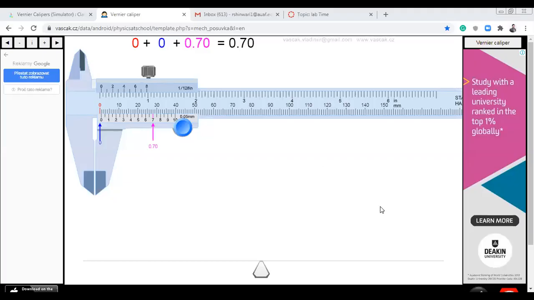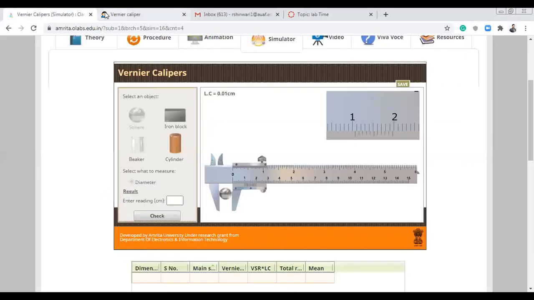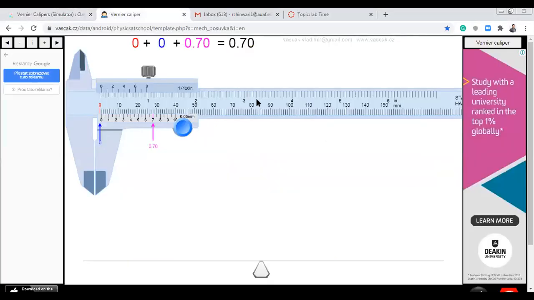Okay, can you see this Vernier caliper? Yes, visible to you guys? Yes, sure. Yes, sir. Okay.